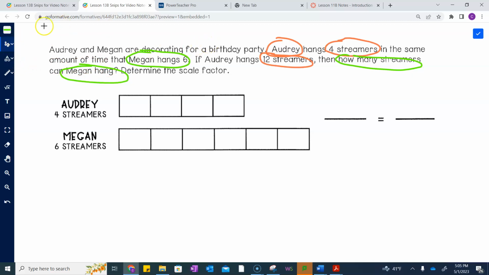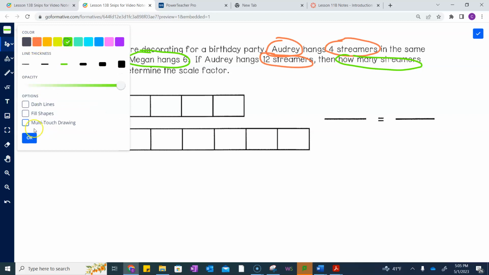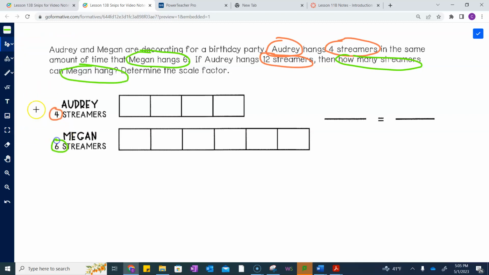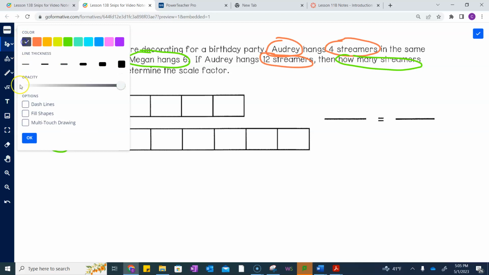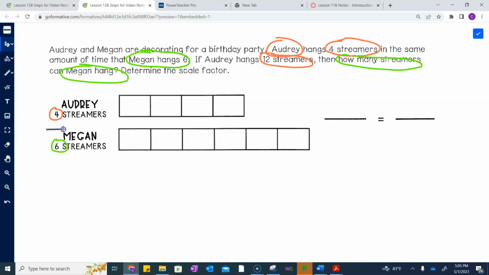So I am given a ratio to start with. I'm given the ratio of 4 to 6. Audrey's 4 to Megan's 6. So they're hanging streamers, and apparently Megan hangs them a little faster than Audrey because she gets 2 extra streamers in here.